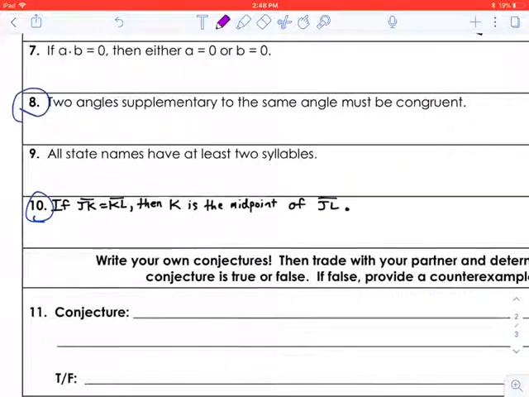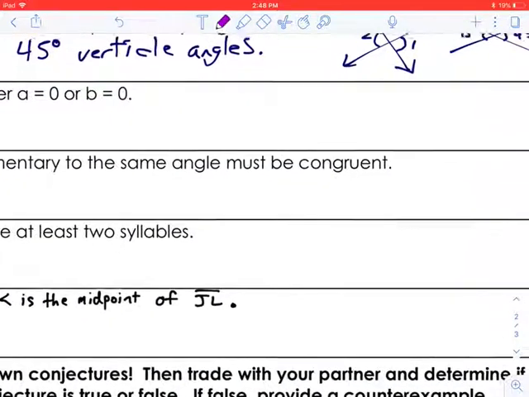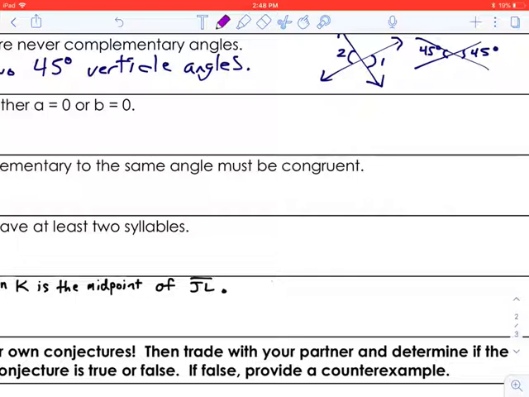Okay, so last couple here, and then we'll be about done. So two angles supplementary to the same angle must be congruent. Well, let's say this is 30 degrees, and this angle is supplementary to that angle, and that's 150. 150 plus 30.